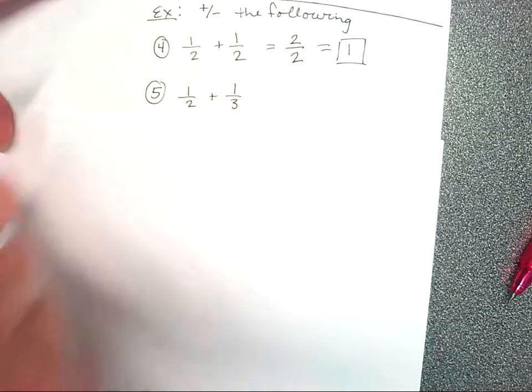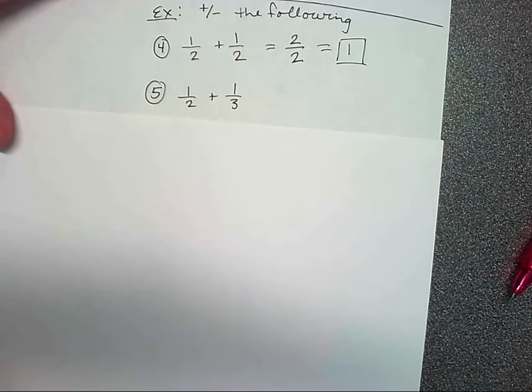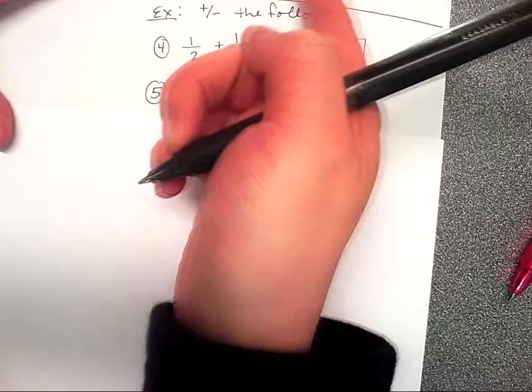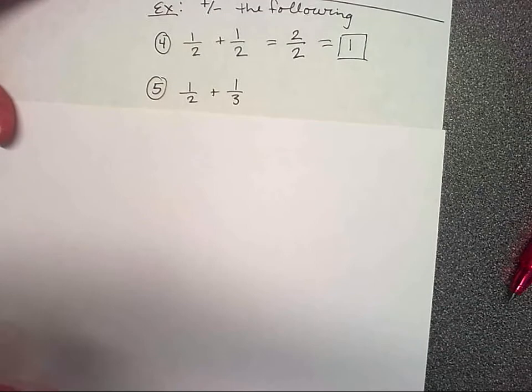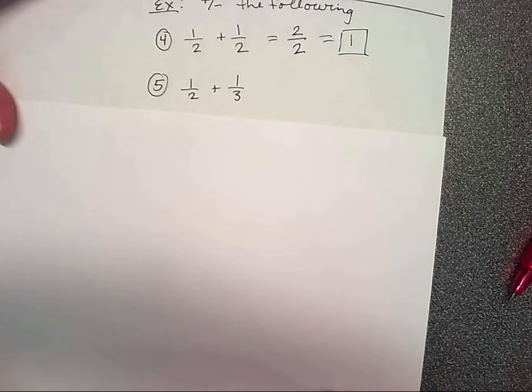I don't really like to remember formulas like this because I think it kind of makes it harder. If you know that in order to add and subtract fractions, you have to have a common denominator, then when you add, you combine the numerators. This, I don't know, seems like a lot. What do you guys think?